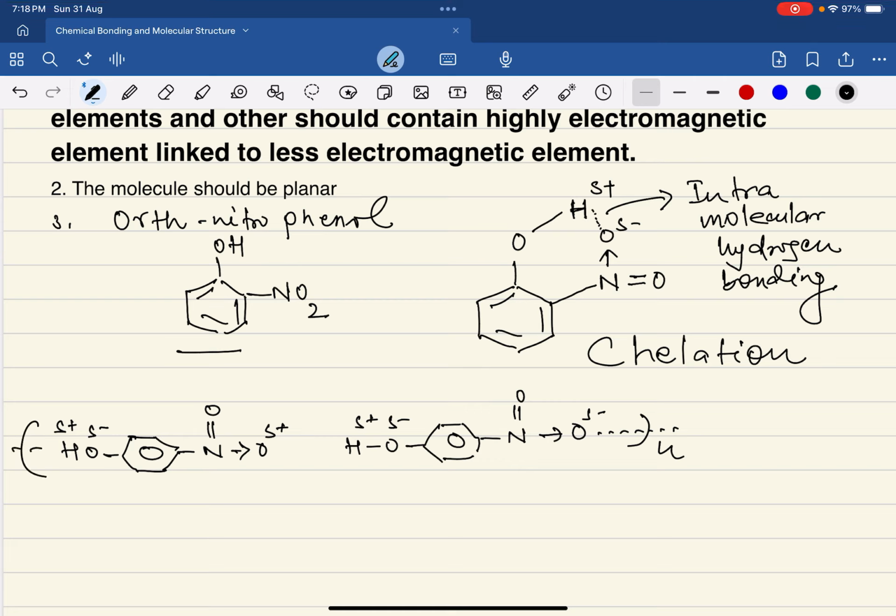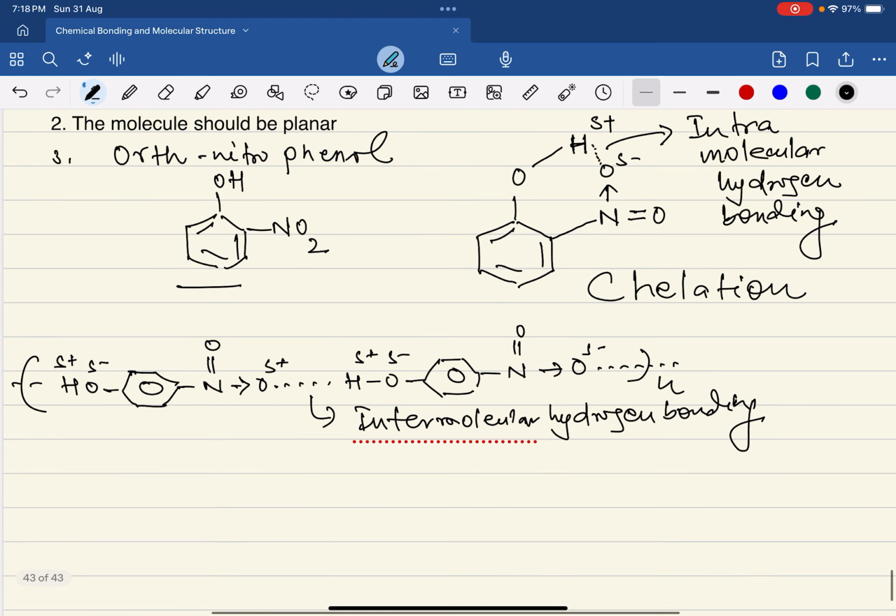In intermolecular hydrogen bonding, association takes place.